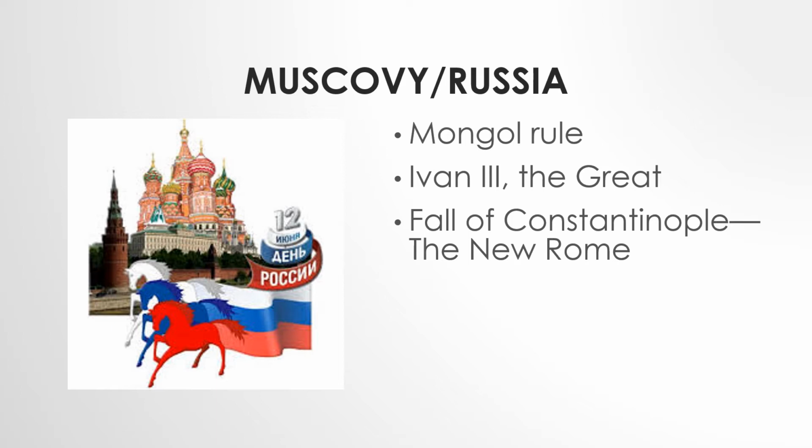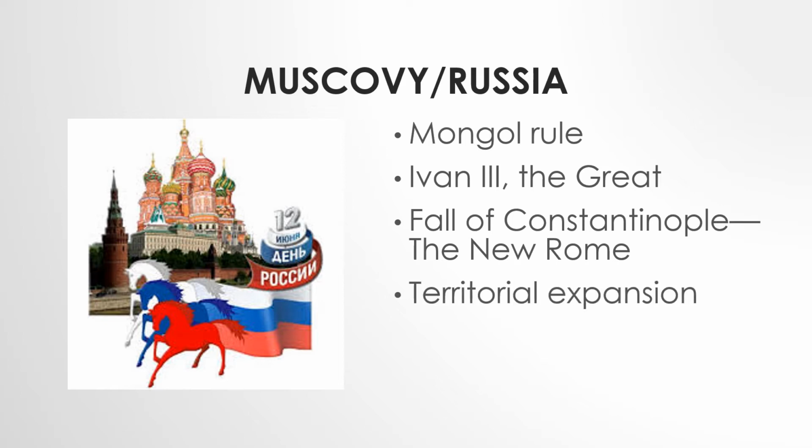And when Constantinople fell to the Ottoman Muslims in 1453, Ivan, who had married the niece of the last Byzantine Emperor, is going to proclaim Moscow to be the third Rome, or the New Rome. And this third Rome, the Tsar, later Tsars, and the church will work hand in hand, dating back to Ivan's combining his authority with that of the church.